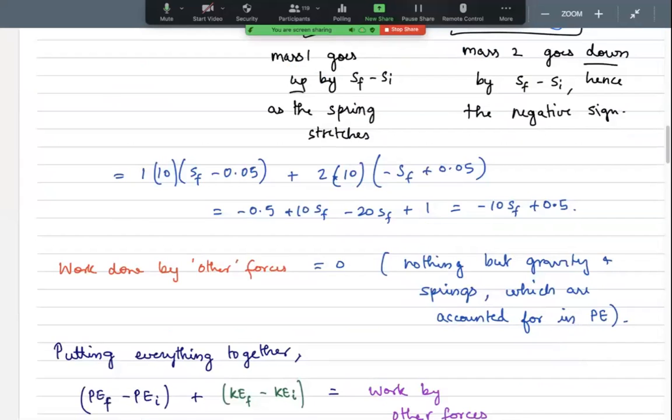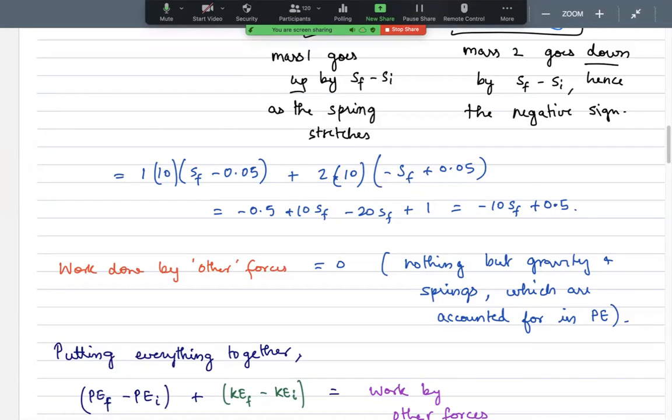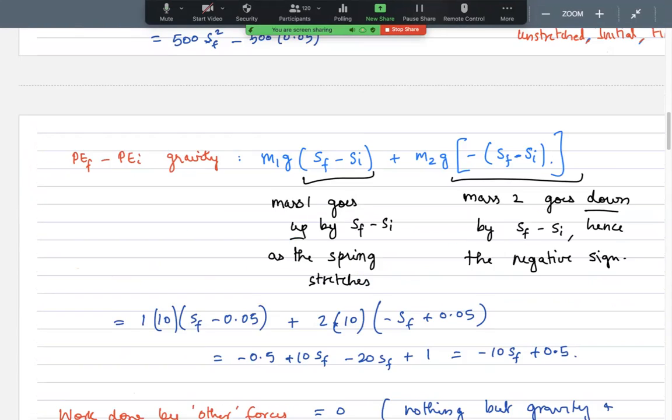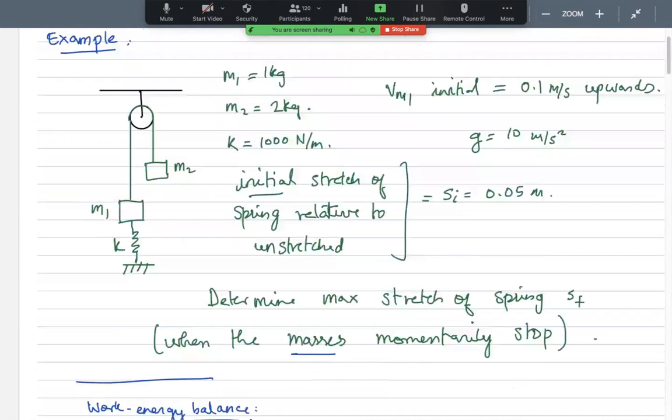You get S_F as still an unknown in the potential energy expression as well. And then the last piece in your work-energy equation is work done by other forces, which in this case is just 0, because this problem so far only has springs and gravity.